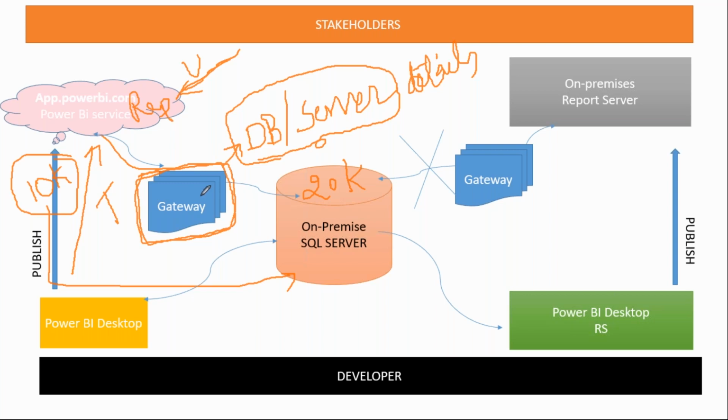It will authenticate my user input and hit my database. So this time it won't take 10K. It will take the 20K data and represent it in my latest report. And my user is able to see my 20K records of data. Getting it? With me?